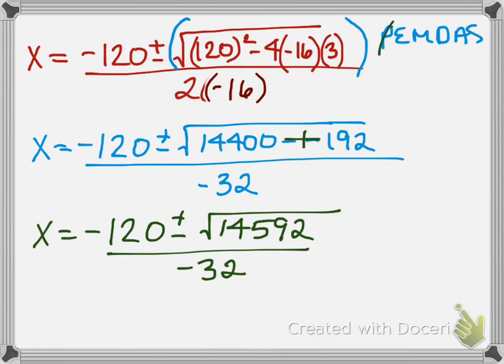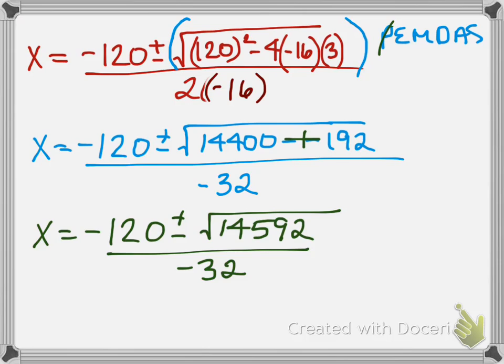So parentheses, which was my square root, everything under my square root, done. Exponents. Now if you remember, square root is like raising everything to the 1/2 power. So my square root is my exponent. So I take the square root of 14,592, or I can leave it as 14,592 and do both sets of equations here.